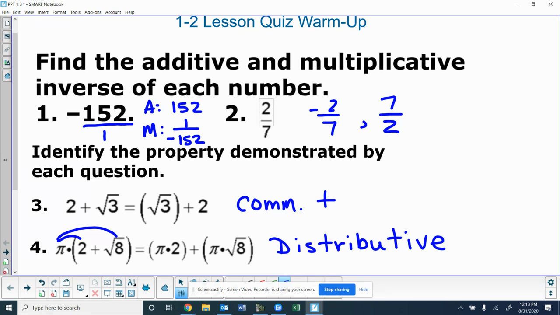All right. So just going over the homework real quick, and then again, if you have questions, ask. You guys have done a really good job of asking if you're not sure about something. Number 15, the additive inverse would be positive 2.5.